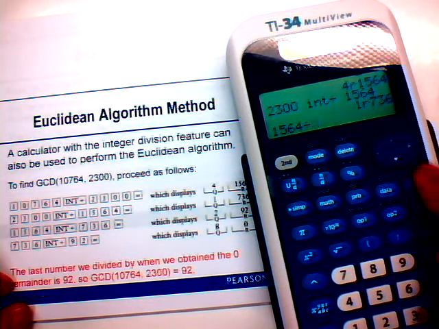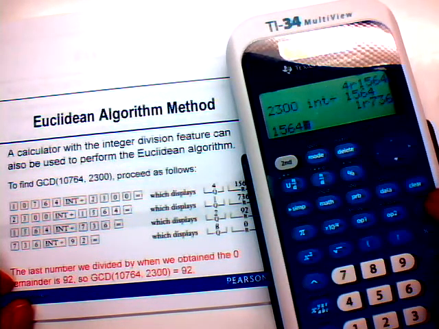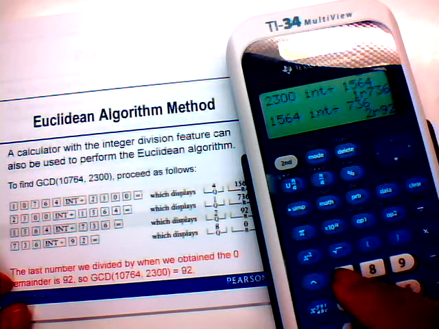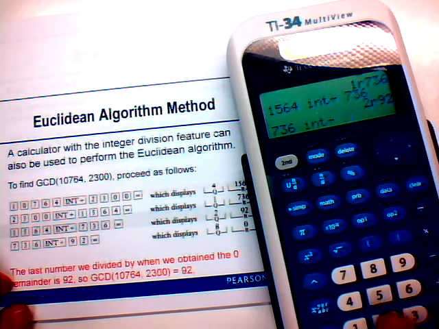We'll divide that by the remainder of 736. What I want to do is integer division. There we go. And then 736. And then hit enter. So now we got 2 with the remainder of 92. So now we take this 736 and then do integer division of 92. Hit enter. Here we got 8 with the remainder of 0.